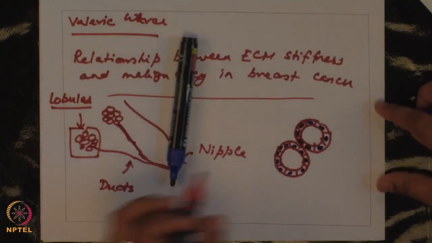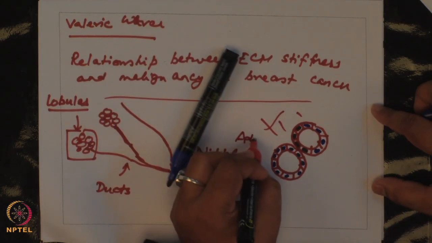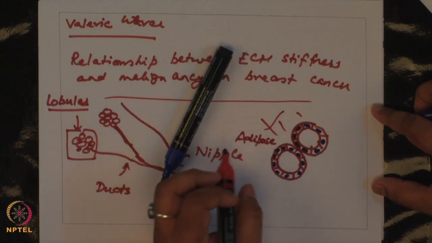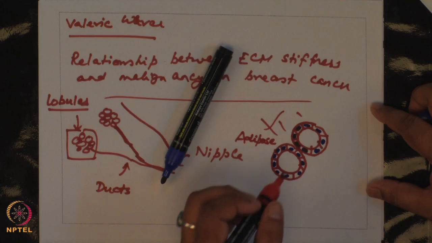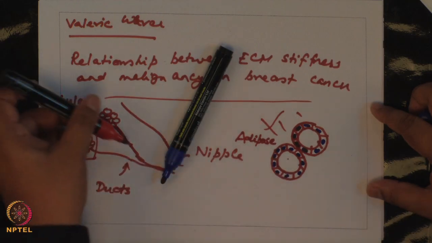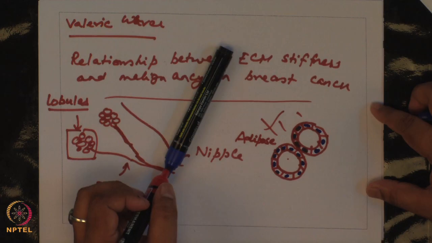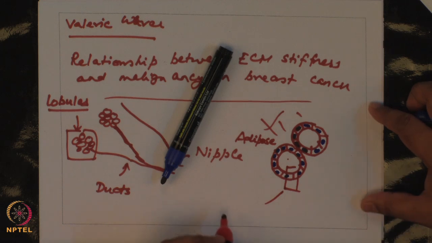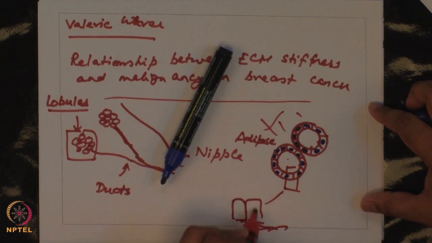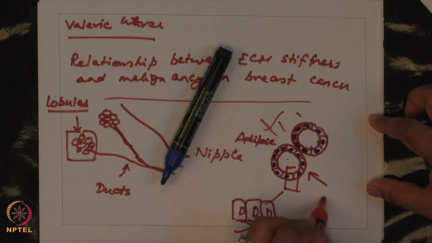So, these are your lobules, and these are surrounded by adipose tissue. Okay. So, if you zoom in further, these are gaps inside which direct the milk secreted by these cells to the nipple. Okay. So, if you zoom in even closer, then what you see is there is some extracellular matrix on top of which you have these epithelial cells, and these structures are called acini.